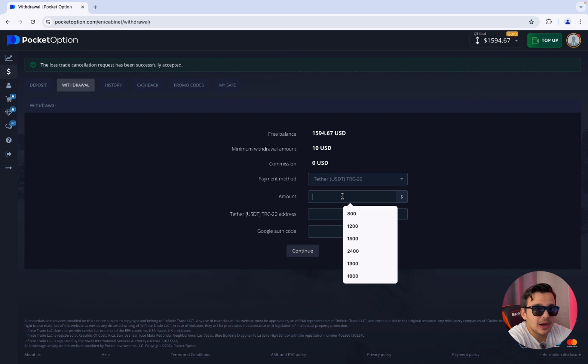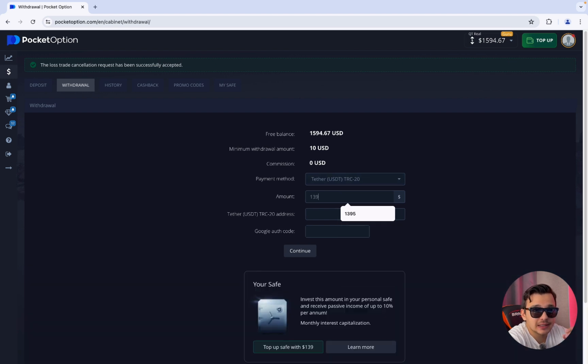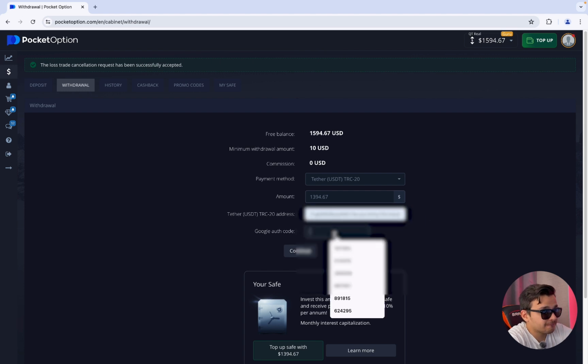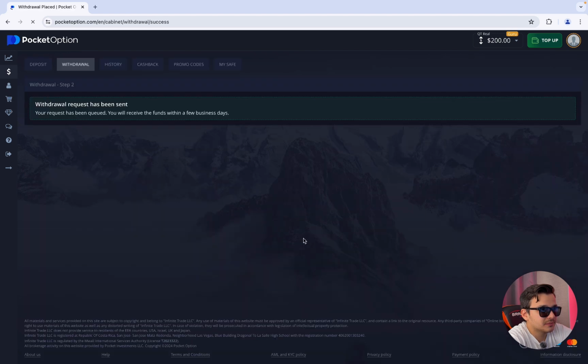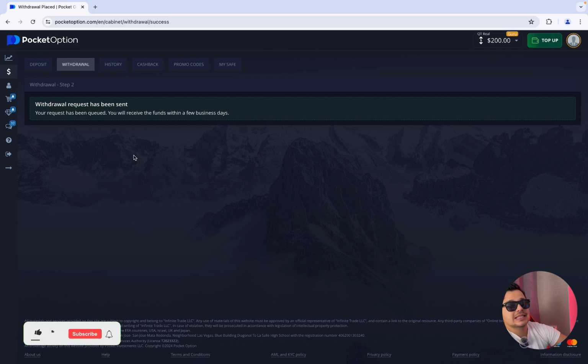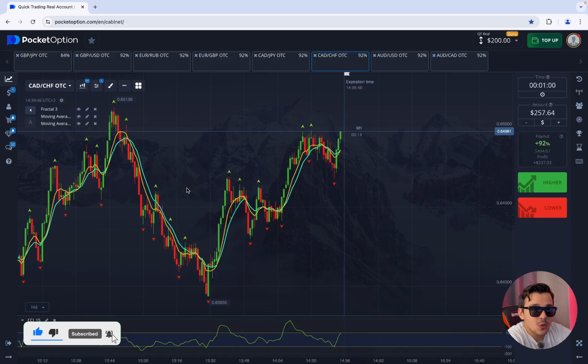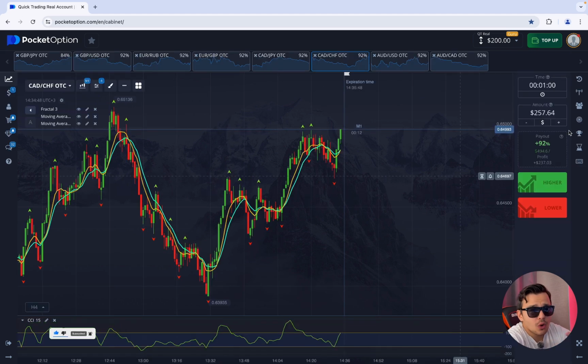Today's profit amounts to $394. The withdrawal operation was successfully processed. This is how today's trading session went, utilizing this combination of indicators.